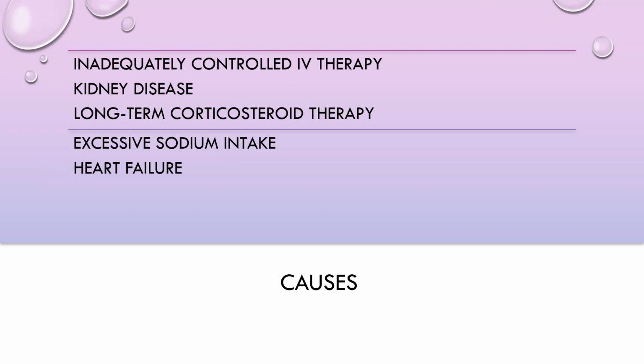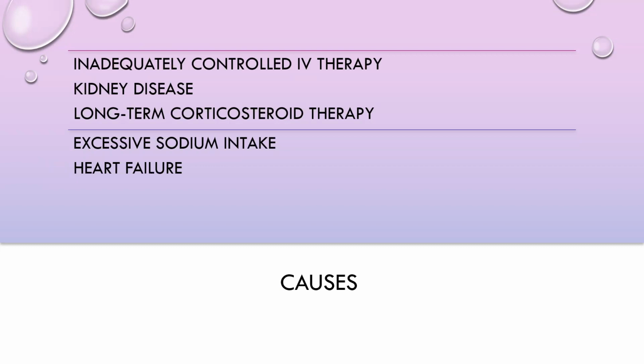So those who take steroids for a long period of time. Causes of hypertonic overhydration are excessive sodium ingestion, a rapid infusion of hypertonic saline, and excessive sodium bicarb therapy.